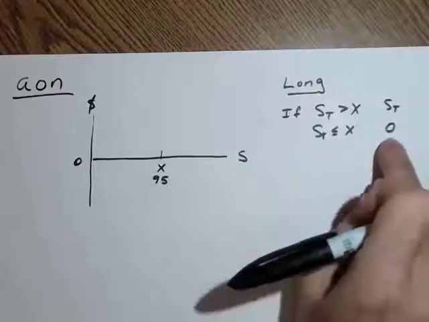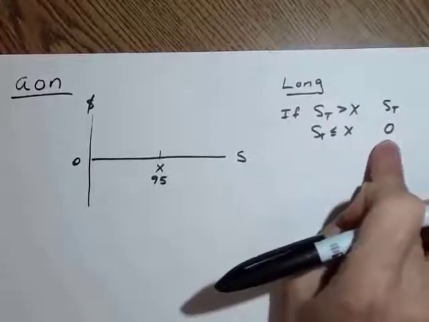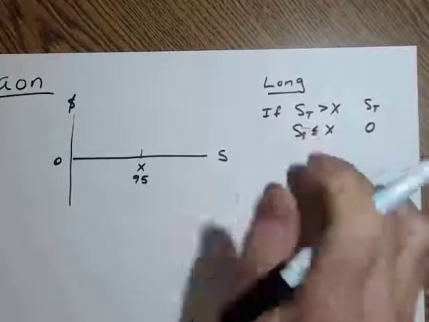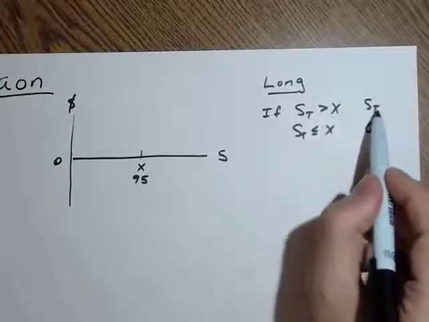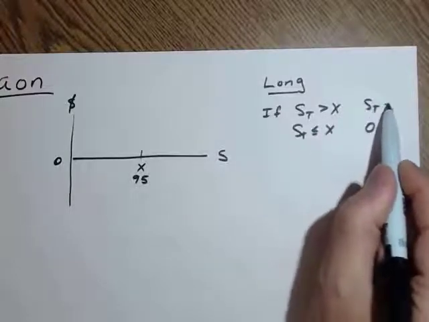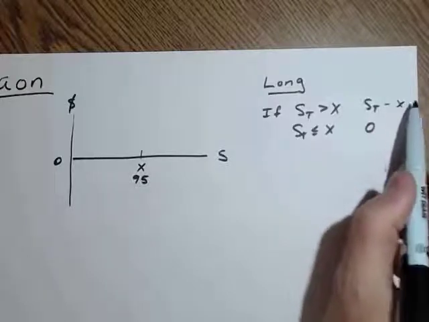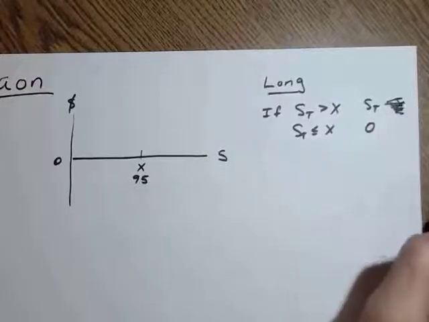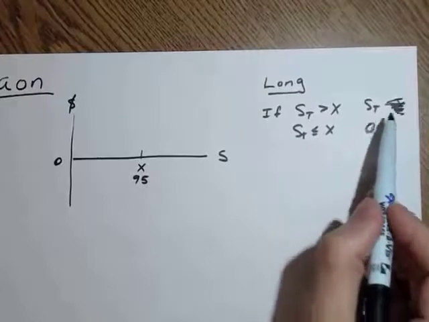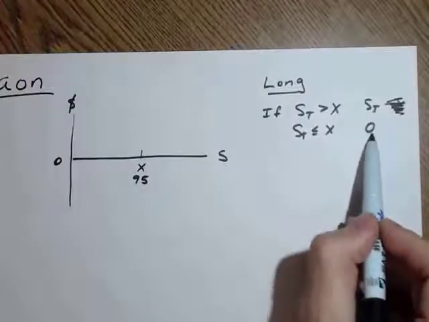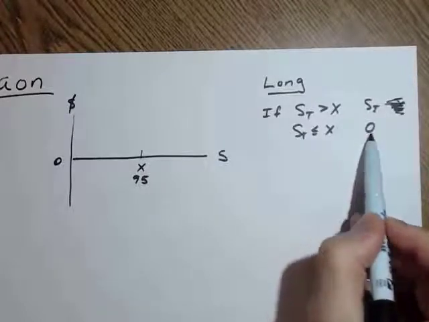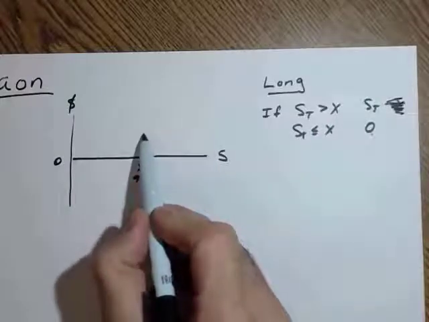Now compare this payoff to a standard plain vanilla option. Remember, when the stock price was greater than the strike, the payoff you got was the stock price minus the strike. There's no minus the strike here in an asset or nothing option. You just get the stock or you get nothing. Therefore, your payoff is going to look like this.